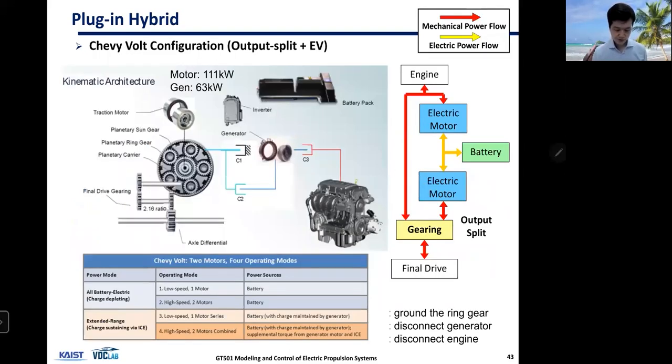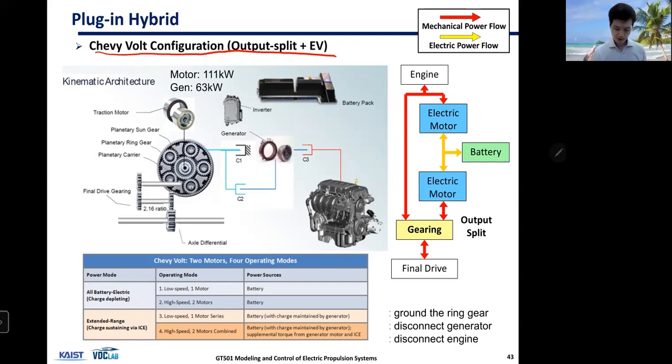For example, this is the Chevy Volt configuration. This is the first generation Chevy Volt, which I think is like 10 years old or more.